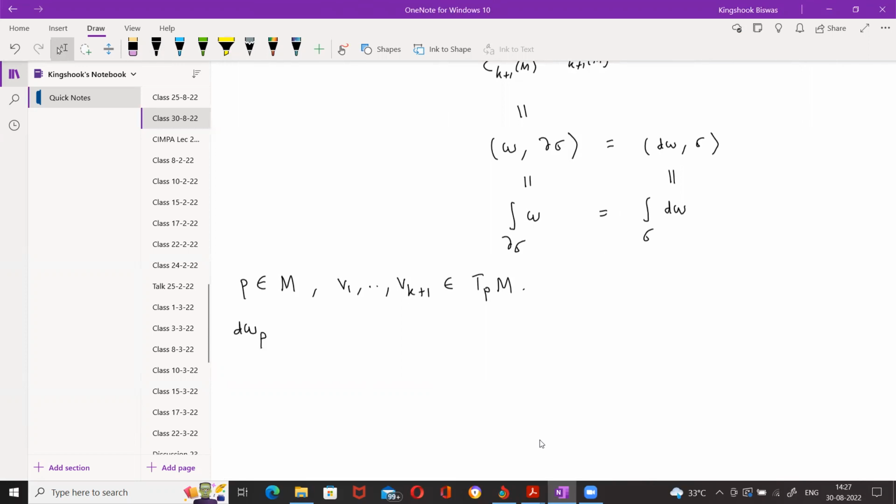We're assuming this form d omega exists, which satisfies this equation star for all sigma. So what will d omega p of V1 to Vk plus 1 be?